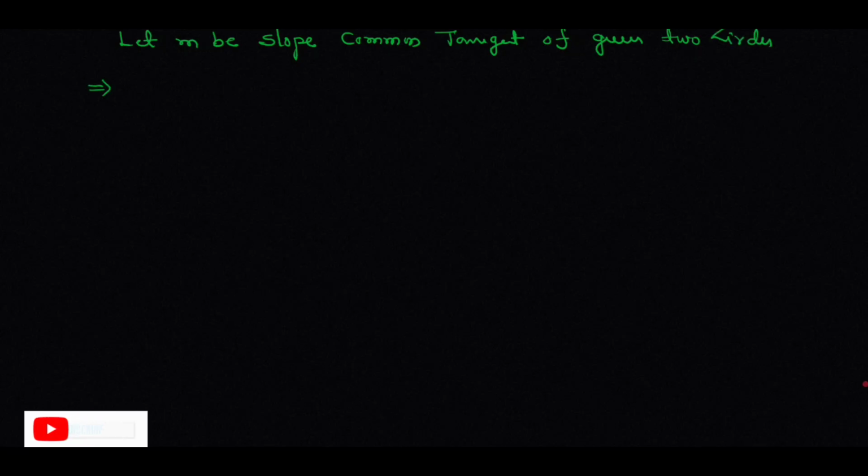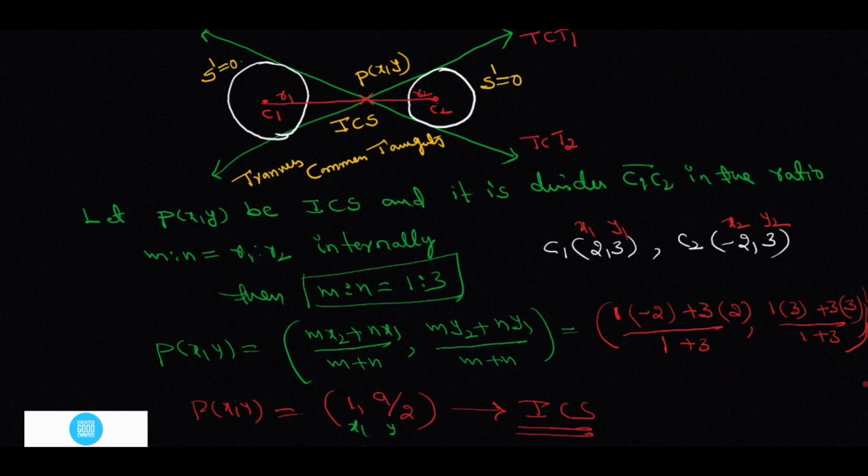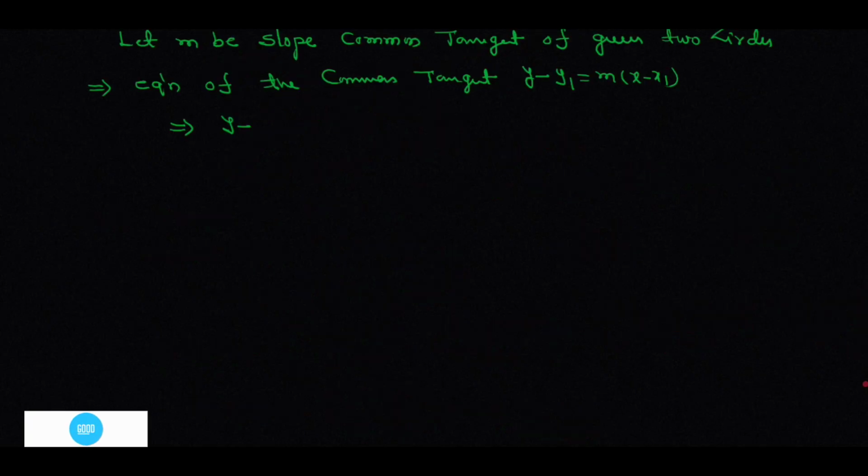Then write the equation of the common tangent: y minus y1 is equal to m into (x minus x1). Here y1 is 9 by 2 and x1 is 1, so y minus 9 by 2 is equal to m into (x minus 1).